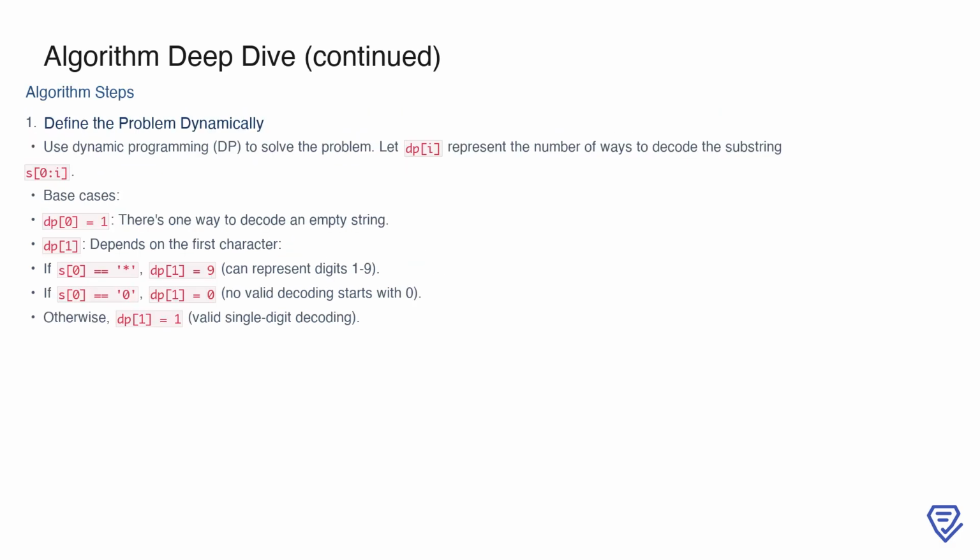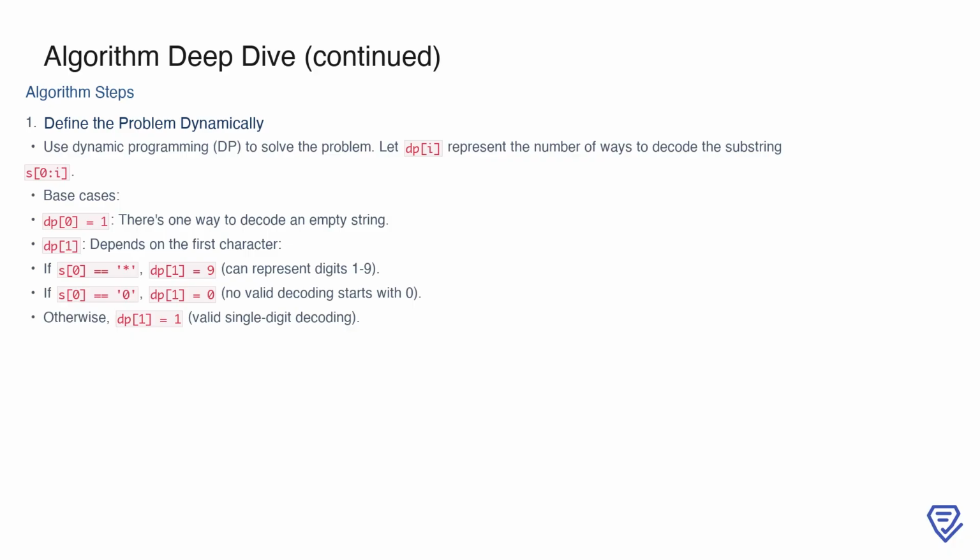To solve this problem, we use dynamic programming. The key idea is to let dp[i] represent the number of ways to decode the substring S[0 to i]. For the base cases, we define dp[0] equals 1, as there is one way to decode an empty string. For dp[1], its value depends on the first character of the string.